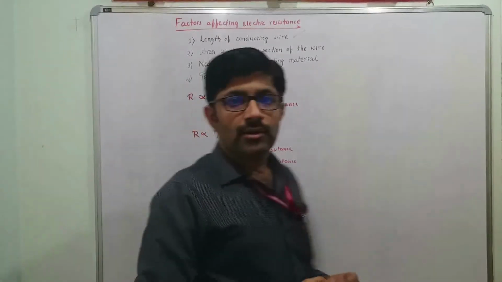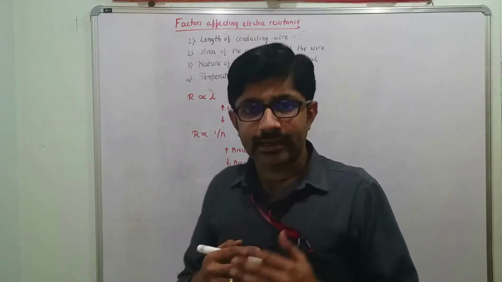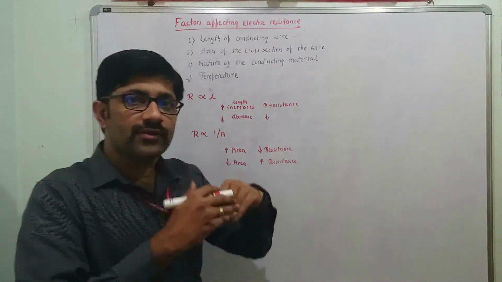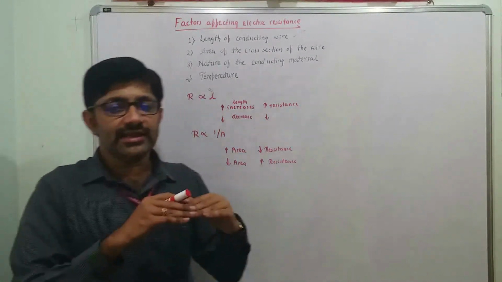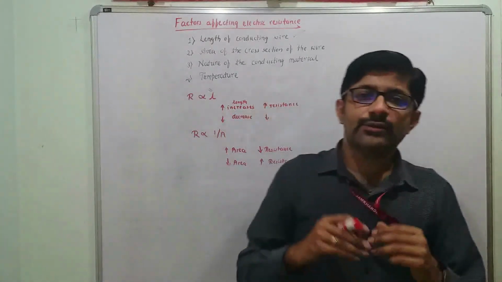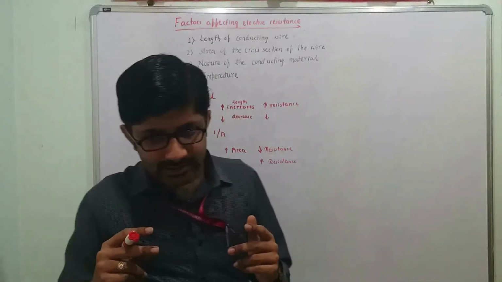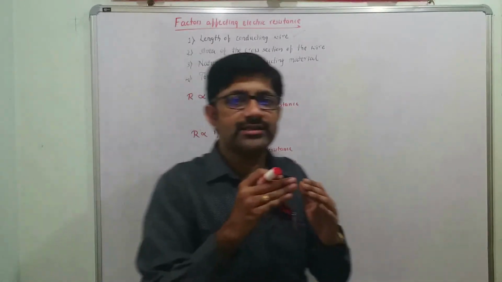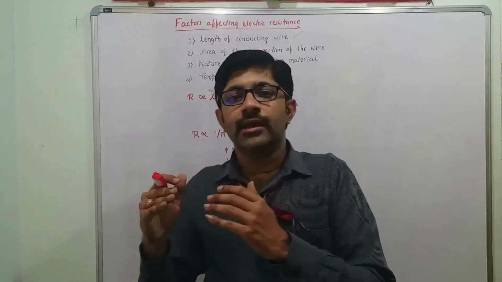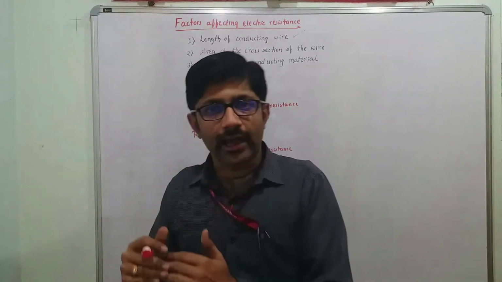Okay, let's move on to the effect of nature of the conducting material. How does the nature of the conducting material affect the electric resistance? For example, if we take two similar wires of equal lengths and equal diameters, say one is copper and the other one is nichrome, an alloy. One is metal and the other one is alloy.